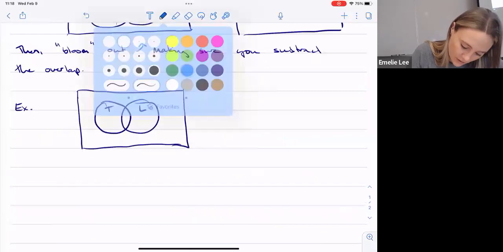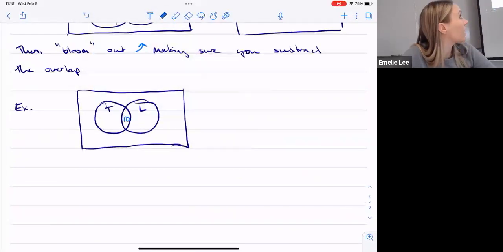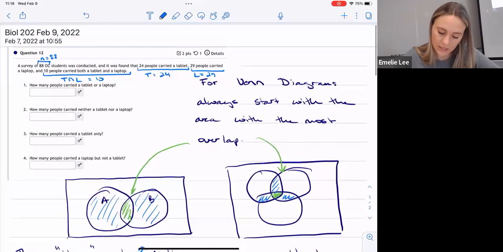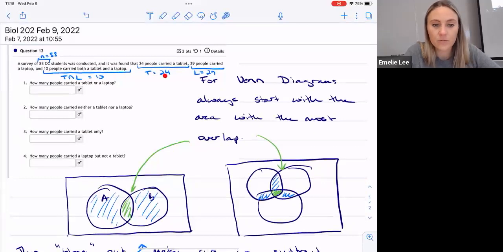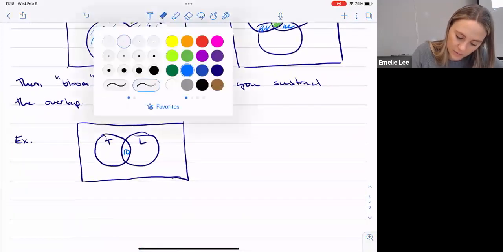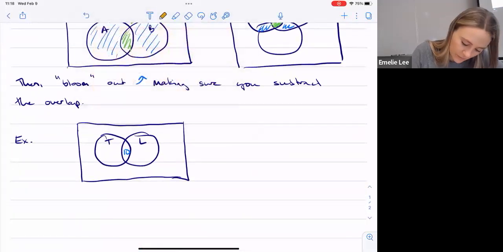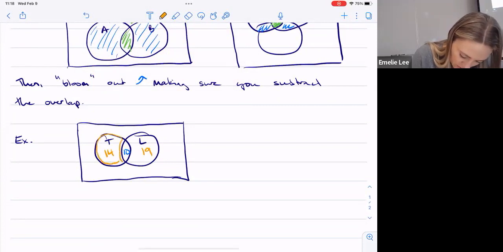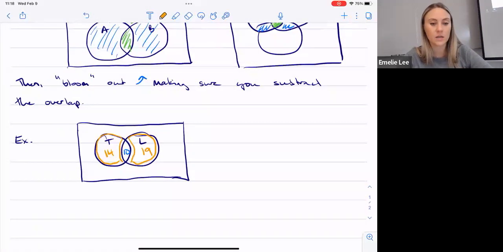So here we have a count of 10 in the overlap, which means that if 10 had both, then 24 minus 10 have only a tablet, right? So that puts us at 14, and then same thing for the laptop puts me at 19. So what I'm doing is I'm doing just these half moon areas with the overlap subtracted.